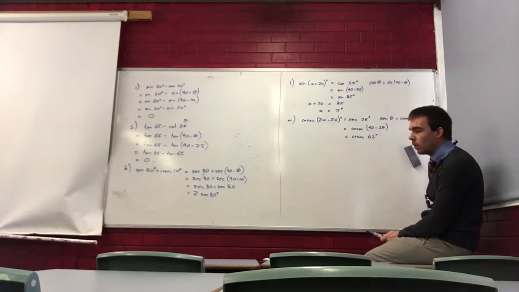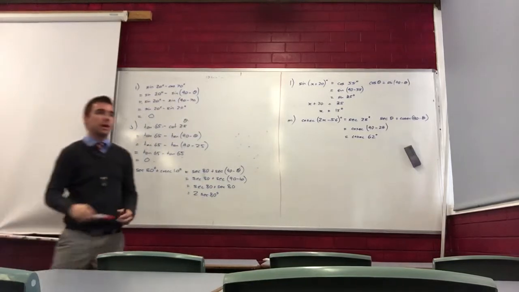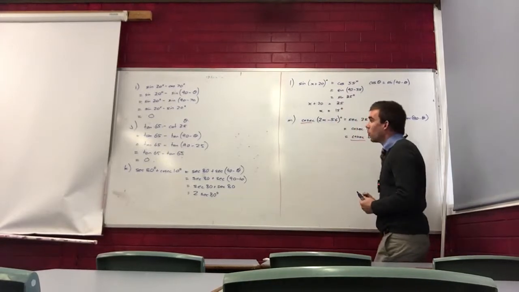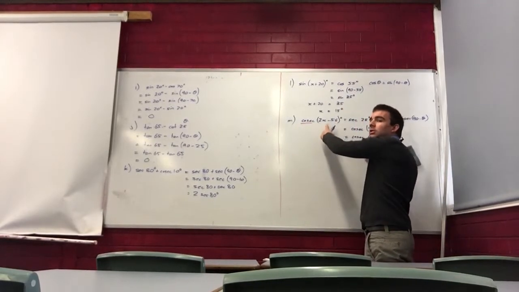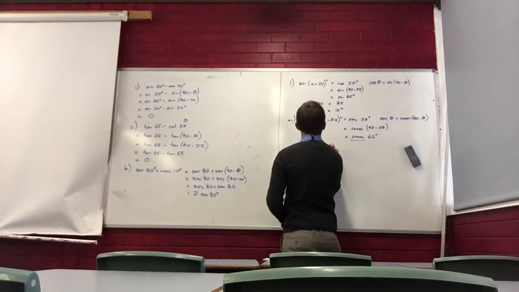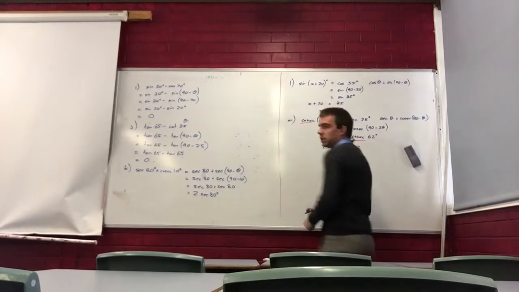So again, when I have the trig ratio the same, a cosec on both sides, therefore the angle they're referring to must also be equal. So that means 2x take away 56 is equal to 62.